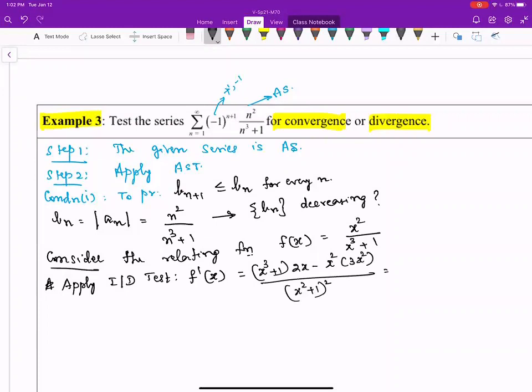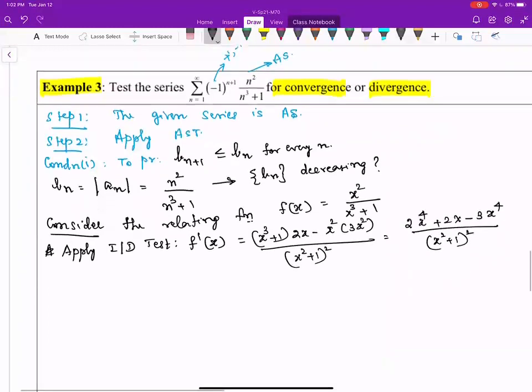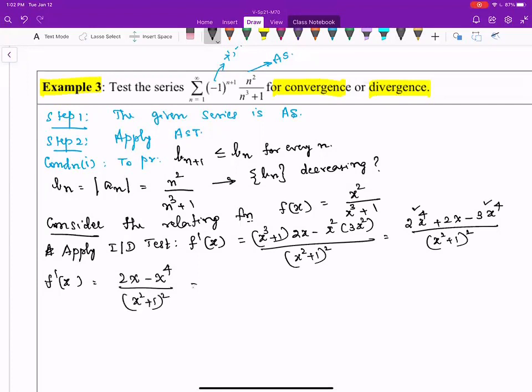That gives 2x to the power 4 plus 2x minus 3x to the power 4, divided by x cube plus 1 the whole square. So f prime x, if you combine the like terms, is 2x minus x to the power 4 divided by x cube plus 1 the whole square.